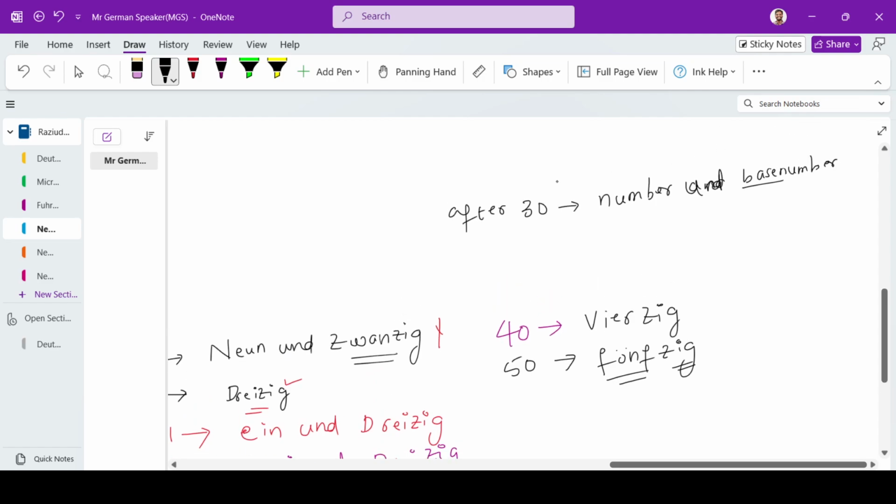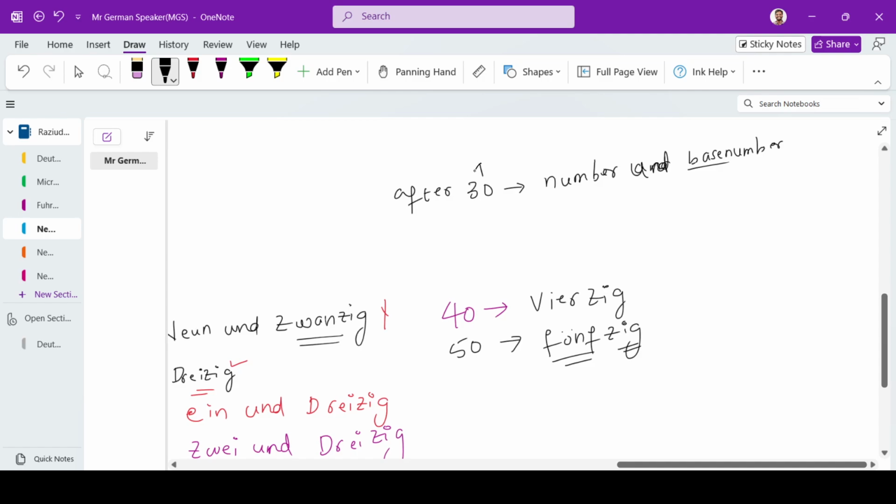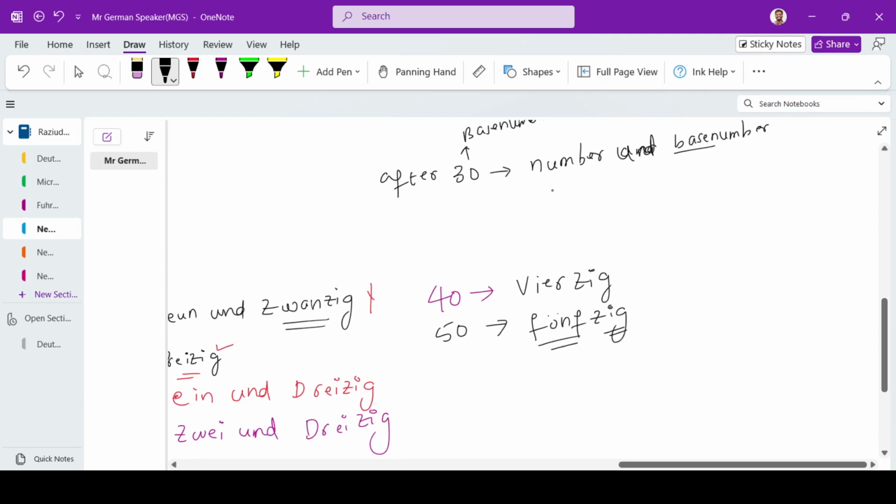So let's call it a base number. And in the end, it will be the next base number plus ig. So this is the thing you need to follow.